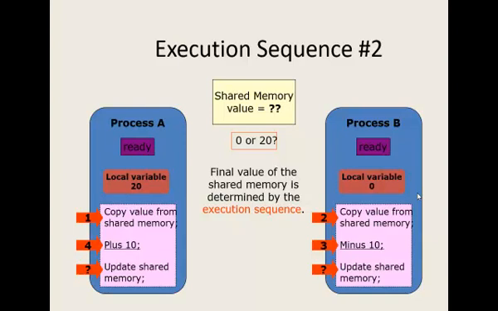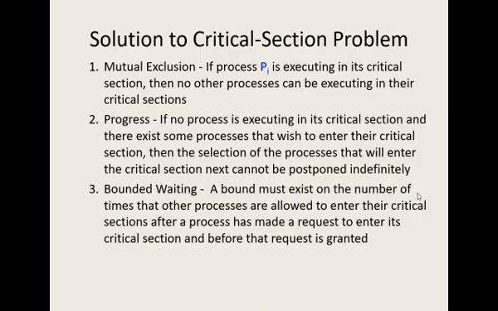When process B executes 100 times, after that process A should have a chance for execution. So the waiting for a particular process should not be unlimited or infinite. It's a finite number of times, right? That is the meaning of bounded waiting.